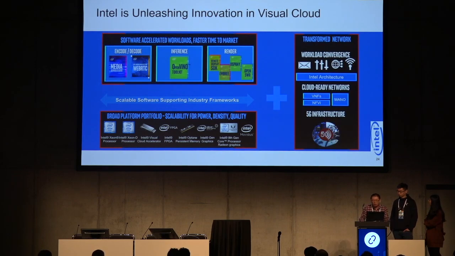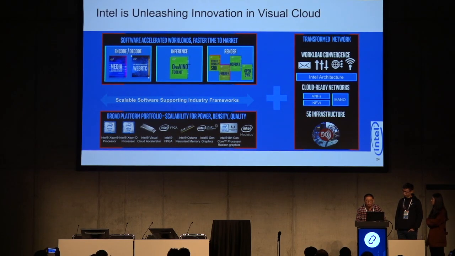The software includes different tools in encode, decode, inference, and render, such as Media Server Studio, WebRTC, OpenVINO, Media SDK, and other render tools. Besides, these tools leverage AVX512, WebRTC can also leverage the VCA card, and OpenVINO can also leverage FPGA.